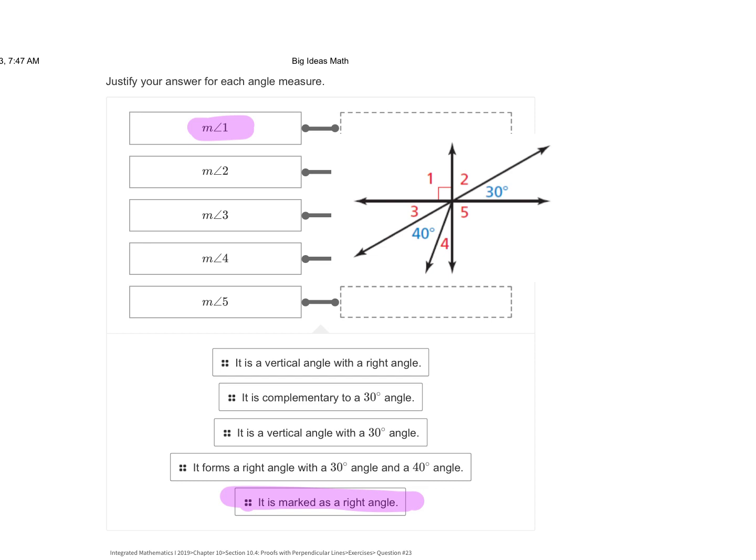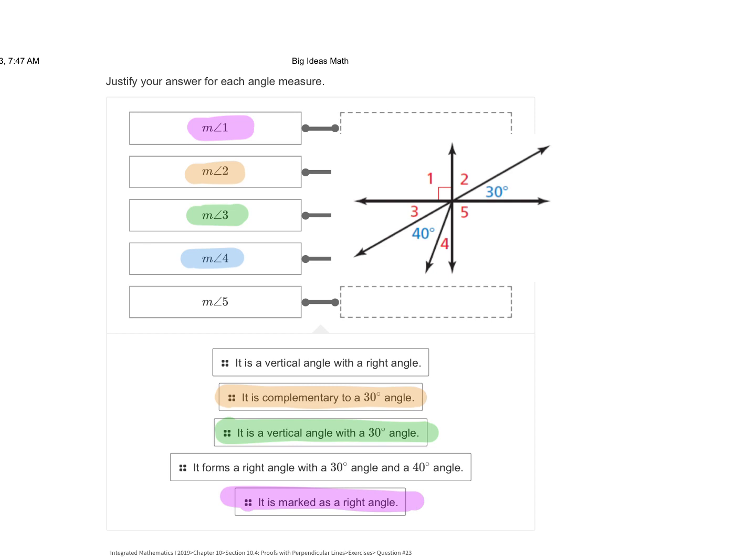Looking at the next one. Measure of angle 2. How do I know? Good. Complementary means what? Good. It's 90 degrees. Looking at the next one, the measure of angle 3. It's a vertical angle. It's vertical to 30 degrees. That's my angle.